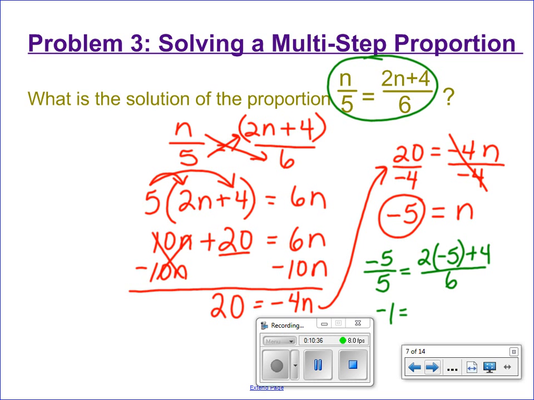On the right-hand side, 2 times negative 5 is negative 10, plus 4 divided by 6. Negative 10 plus 4, I'm running out of room, so I'm going to show it over here. Negative 10 plus 4 is negative 6, and divided by 6, that is equal to negative 1 as well. So since both sides give me the same amount, my answer of negative 5 is correct.